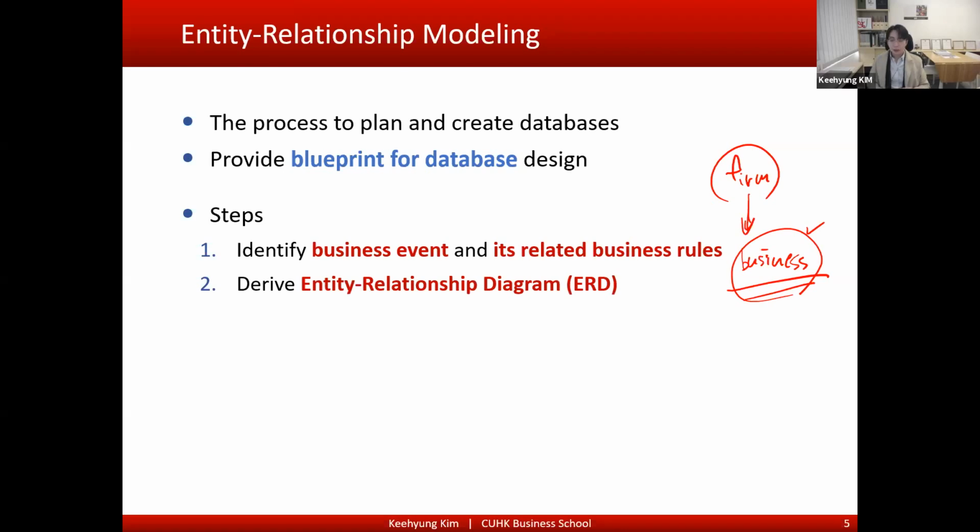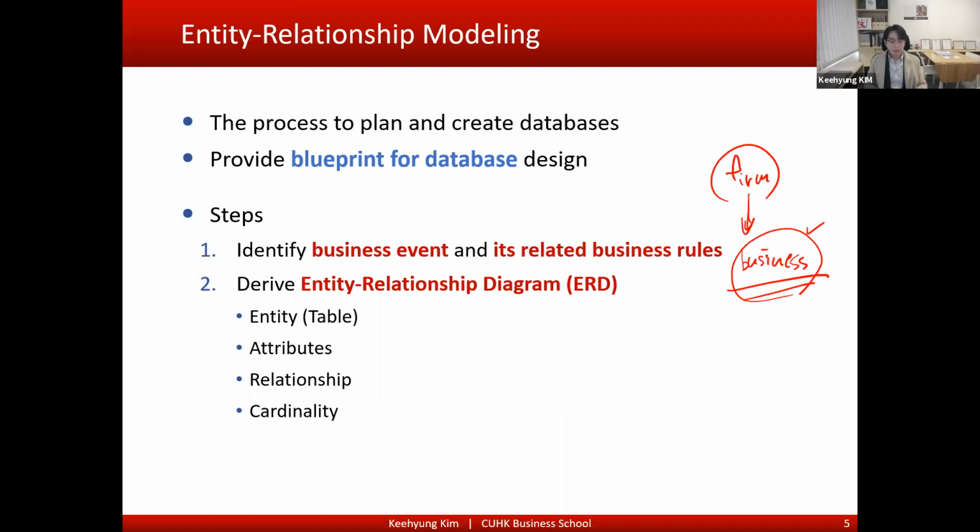Based on your business event in a company and its related business rules, the next step is simply deriving the entity relationship diagram. When you derive an entity relationship diagram, you should be able to identify these four main things. The first one is an entity. Basically, it's the table: what kind of data you want to store, such as customer data or product data.